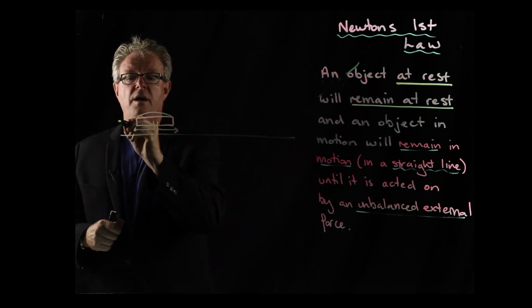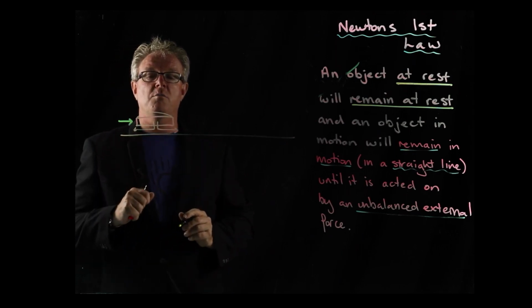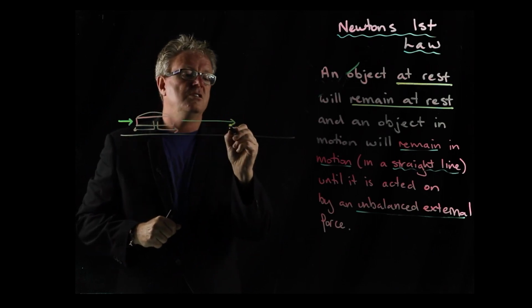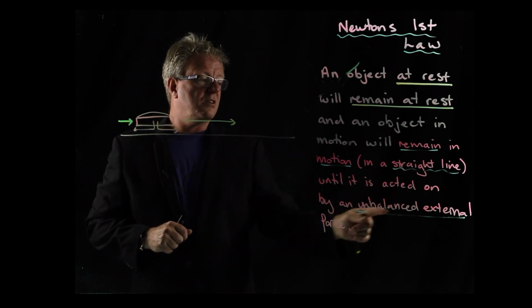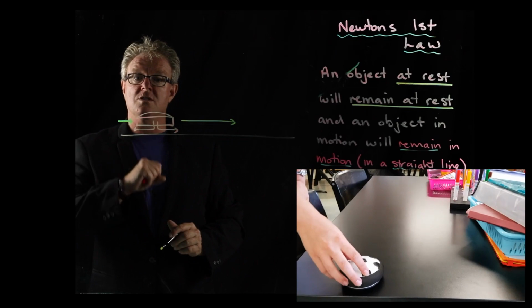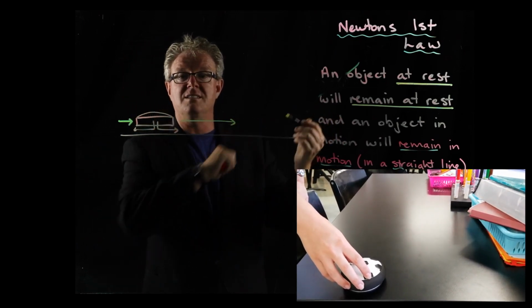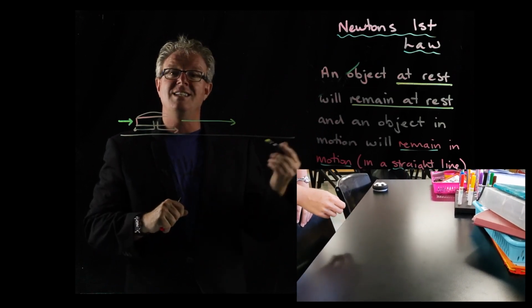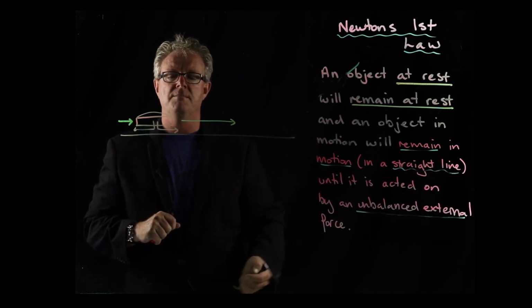And so when I apply a force to that hover ball, it continues in a straight line, until an unbalanced external force causes it to stop. Well, that could be when it hits something. When it falls off the desk, it'll stop, because that's the unbalanced force, gravity pulling it down.